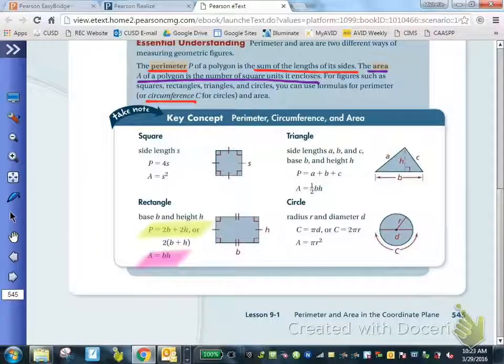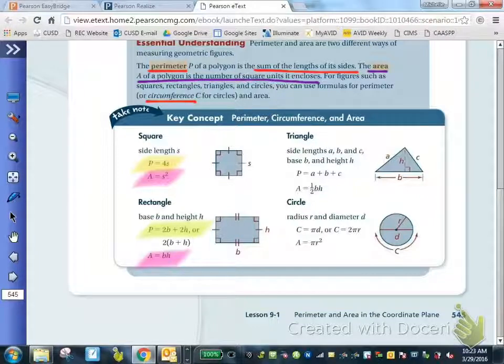So it gives you the perimeter of a square just because it's a special case. And then the area would be S times S, which is S squared. Okay? So really, as long as you know the rectangle, the square is the exact same. It's just a special case of a rectangle.